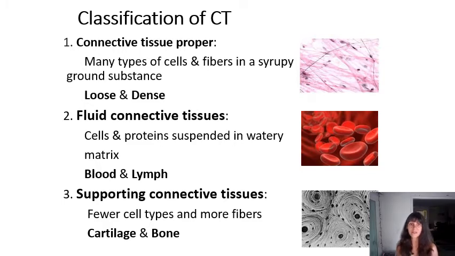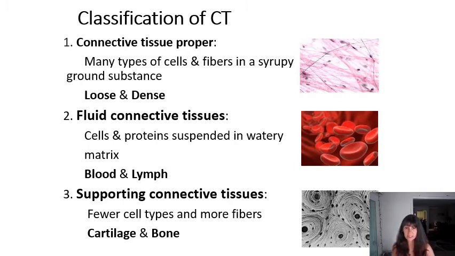We can classify connective tissue in three different ways. We have connective tissue proper, which is a connective tissue that is made up of many types of cells and fibers in a syrupy ground substance. That includes loose and dense connective tissue proper.